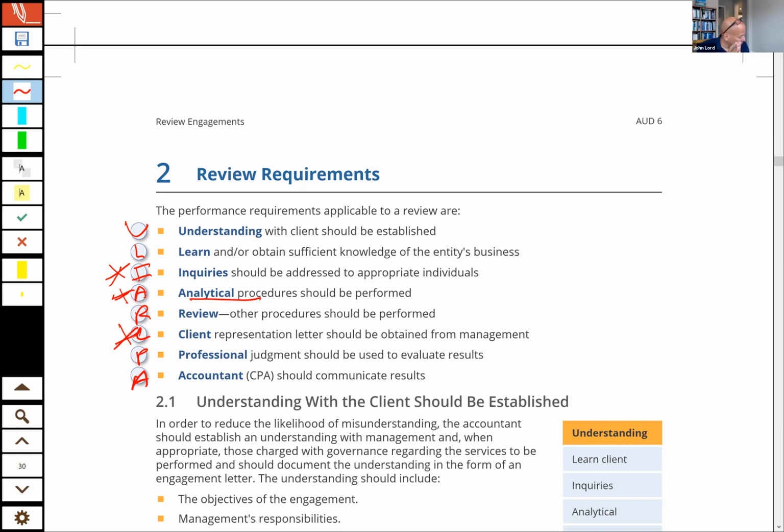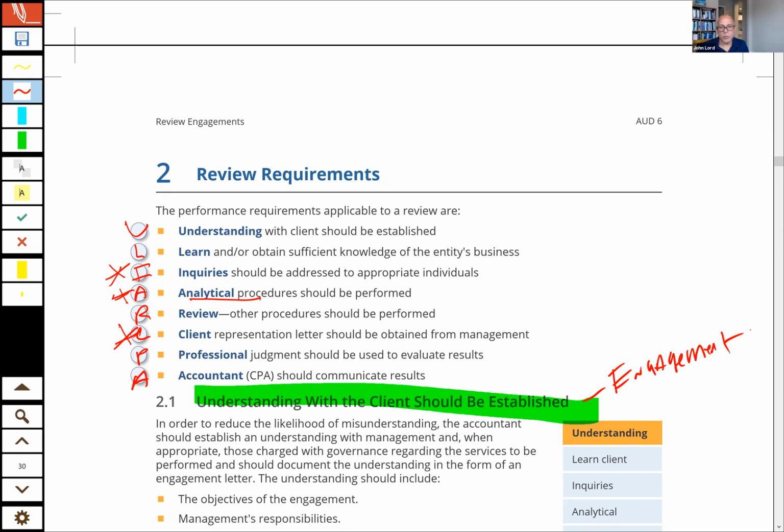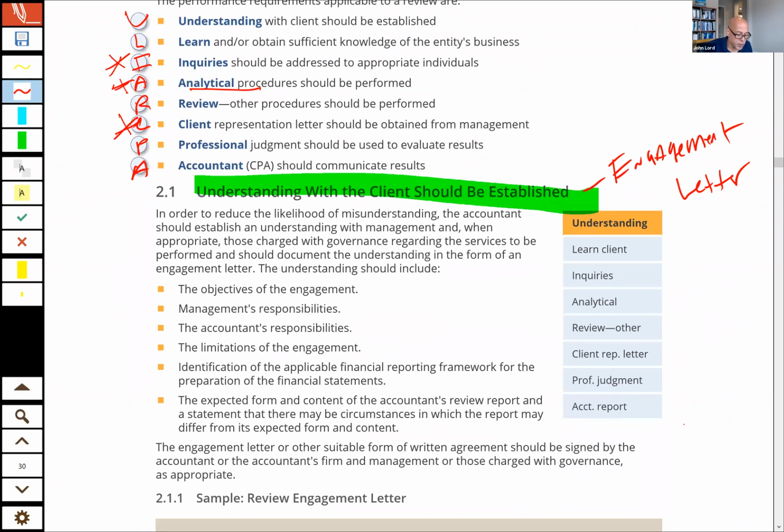One more thing that's important here is that we do have to have the engagement letter. So for all of the engagements, audits, reviews, compilations, preparation, you do have to get the engagement letter. Guys, I'm not asking you to flashcard these. I'm just doing this to show you. It's the same broken record for the engagement letter in all the different engagements.